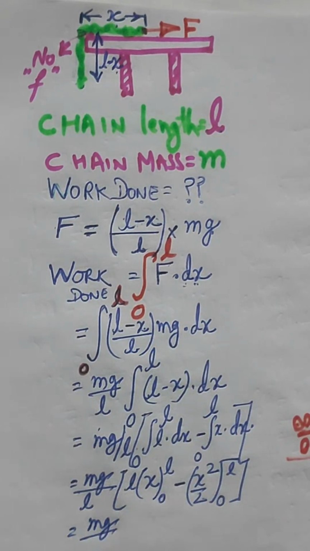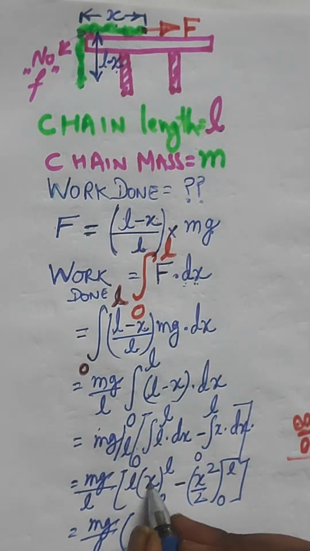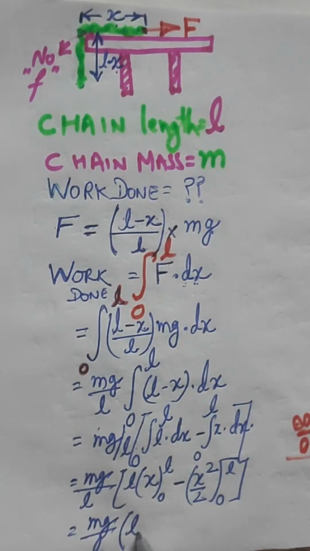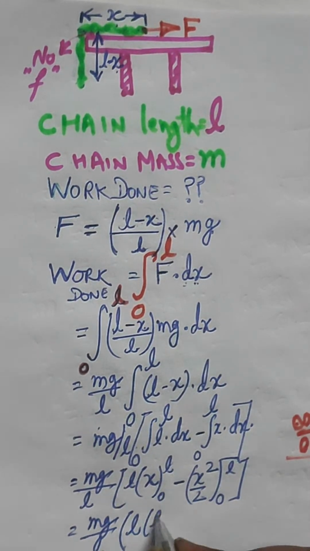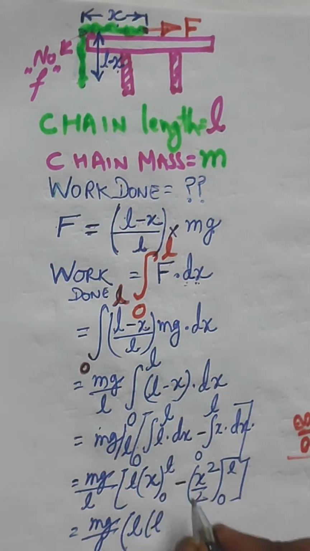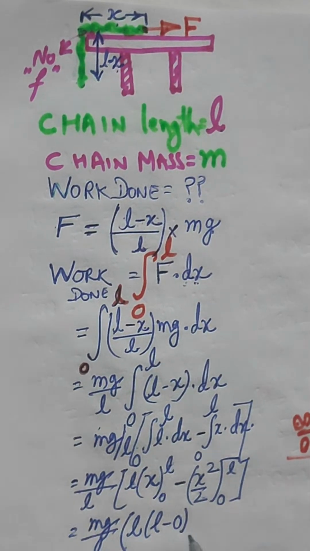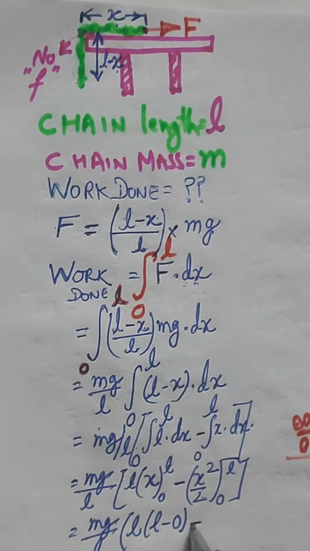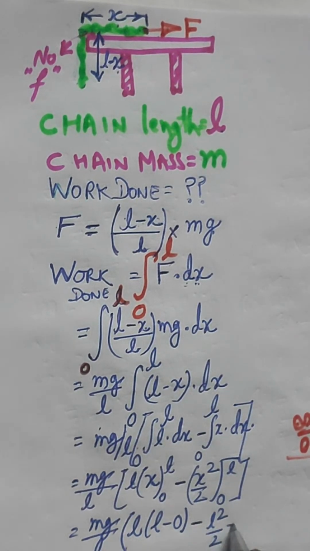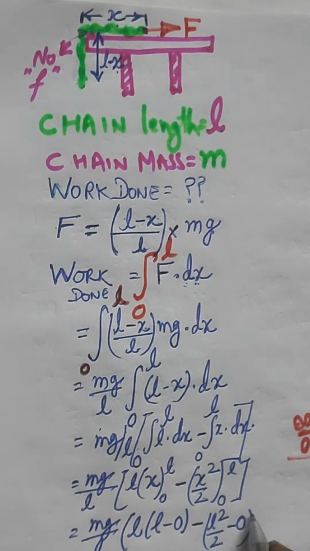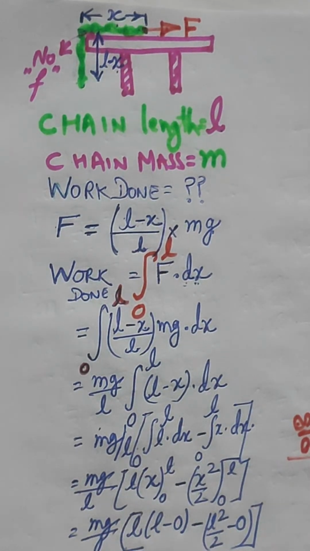This will be mg by L, and here L into, for the value of x from 0 to L, the bigger value L minus 0, minus x square by 2, that is L square by 2 minus 0, like this, right?